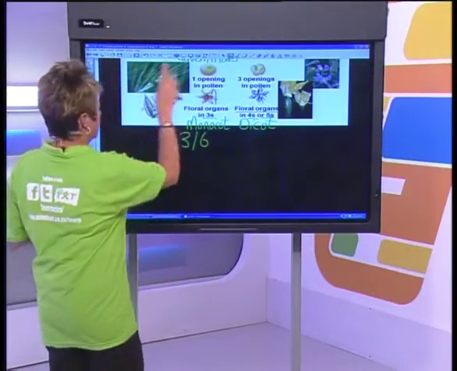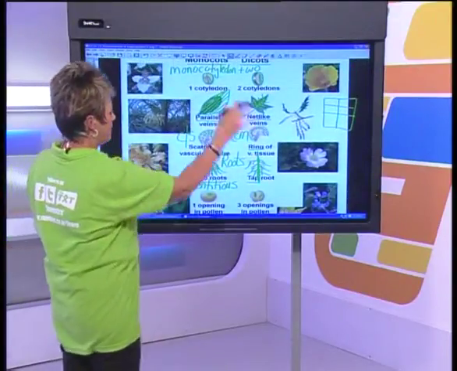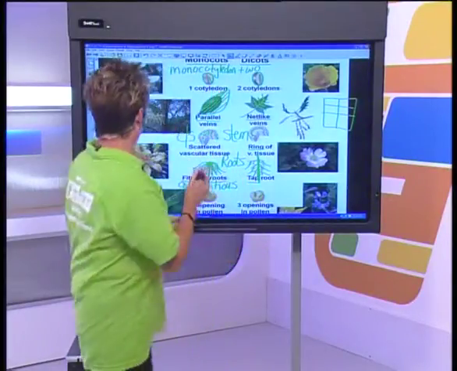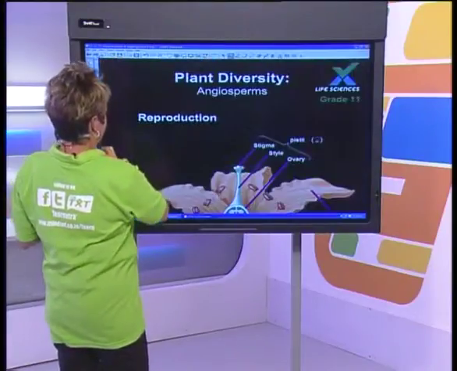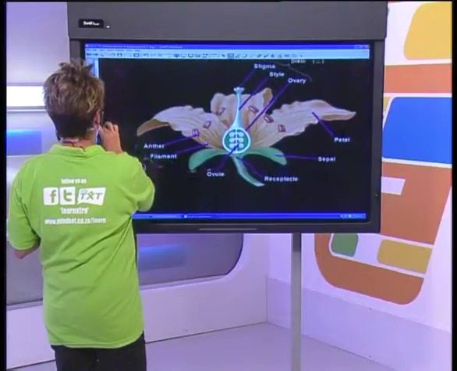All right. So please, very, very important is this table where you have to know the comparison between monocots and dicots. And I want you to apply this to your everyday life so that you can get acquainted with all these terminology words. Right. Now that brings us to this flower.